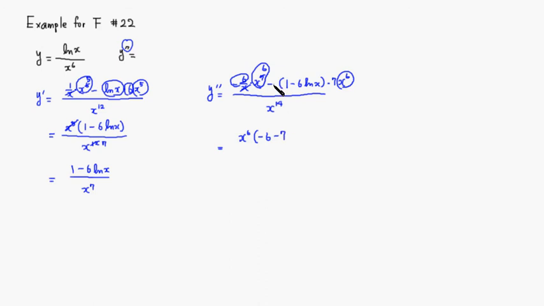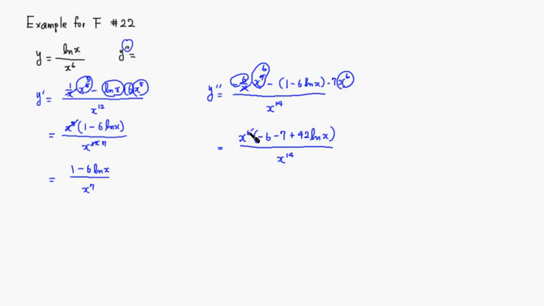It's a negative, so it's going to be positive 6 times 7, 42. Then you have a natural log of x, all over x to the 14th power.